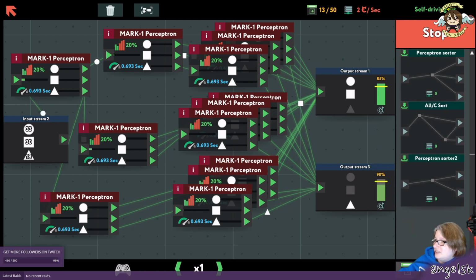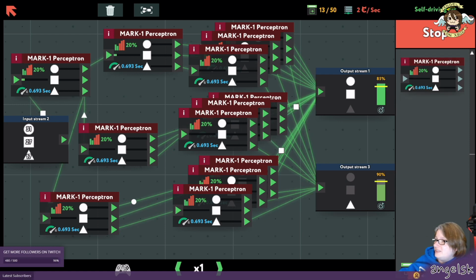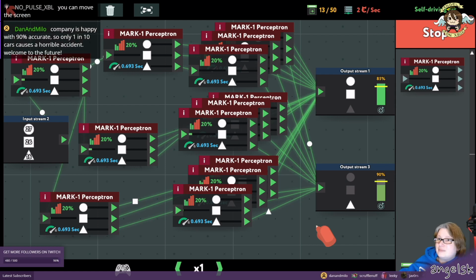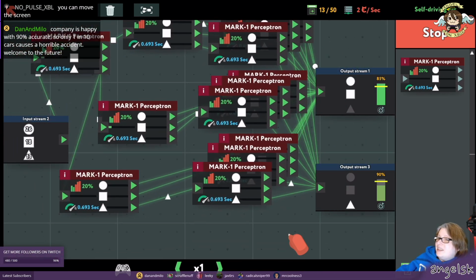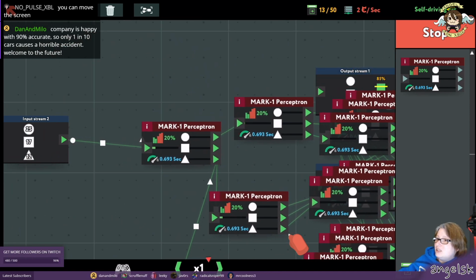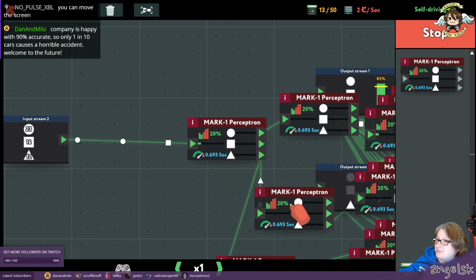Should I be like trying to use an existing machine in there? I can move the screen. Move the screen. Thank you! Right.